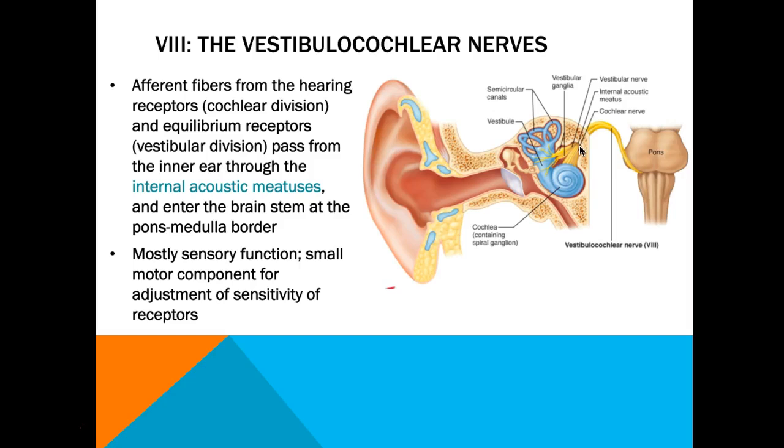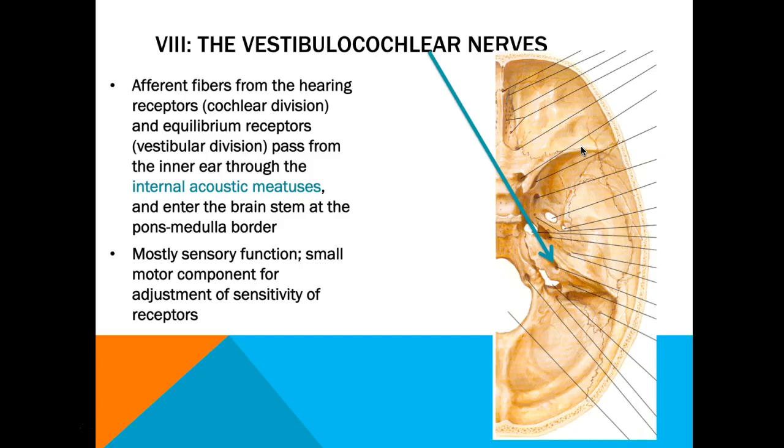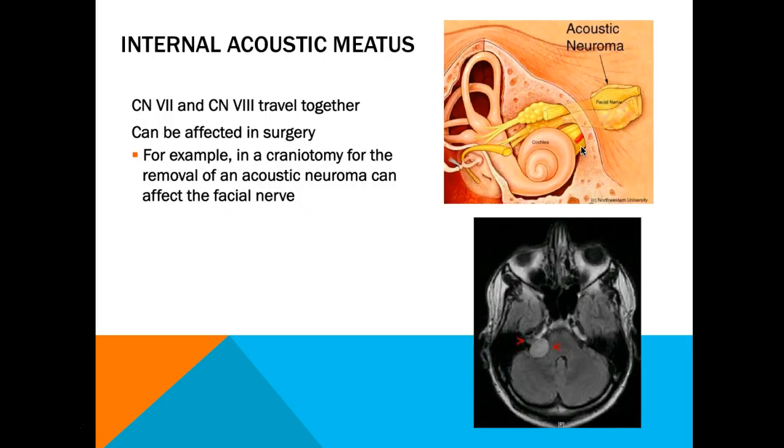We have a cochlear division that is in charge of hearing and a vestibular division that is in charge of equilibrium or balance. As you can imagine, this is mostly a sensory type of function, but we do have a small motor component here that will help to adjust the sensitivity of the receptors within the inner ear. Here is your internal acoustic meatus, just as a reminder of where that exit is for our vestibulocochlear nerve.